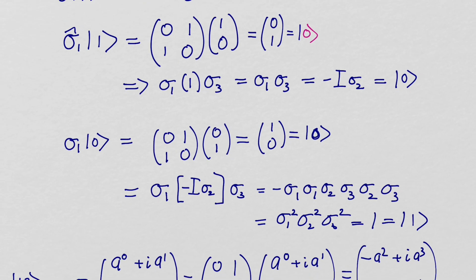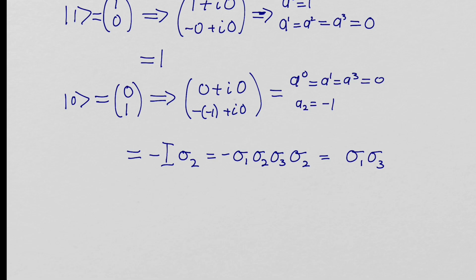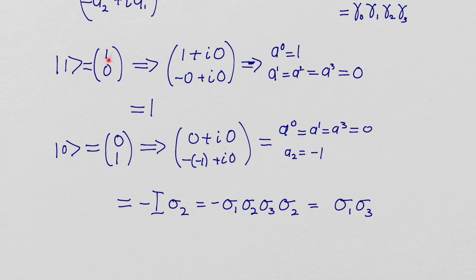But the equivalent form is, well, the up state in our geometric algebra representation is just the real number 1. That comes back from what we did over here: the up state is represented by the number 1 using our prescription.